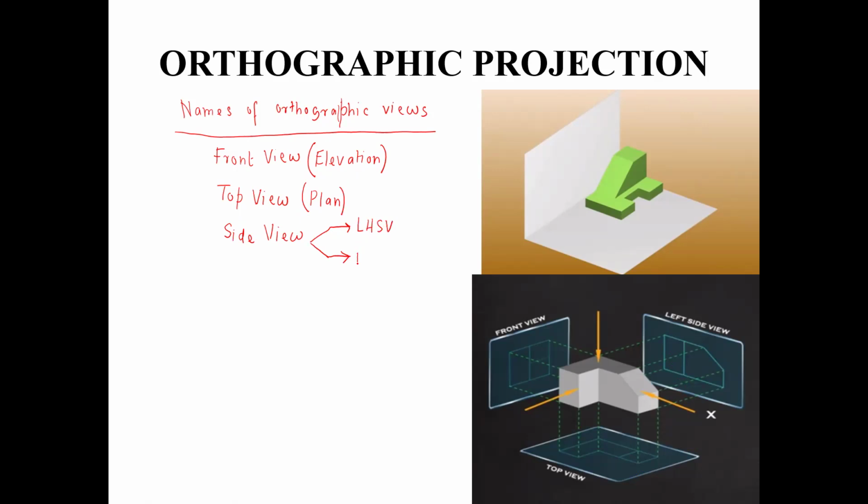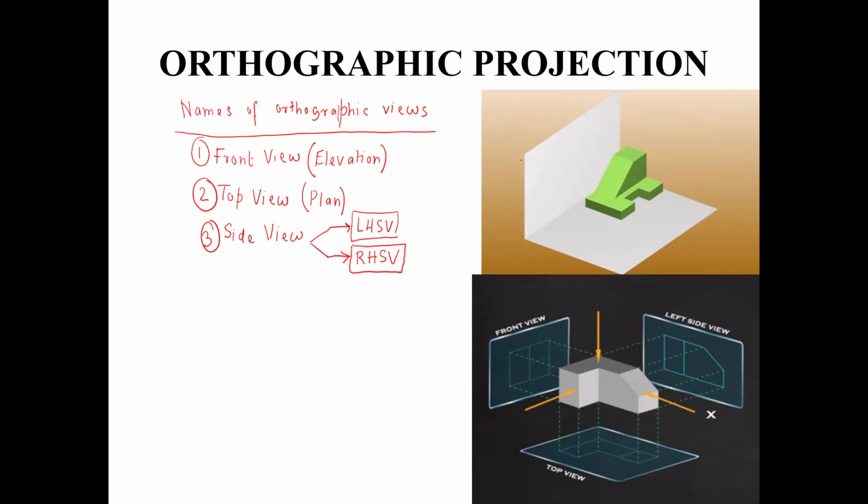Similarly, the same person can look at the same object from its right hand side and get another type of side view, which is called the right hand side view. So these are the different possible orthographic views that you can come across: front view, top view, side view. Then under side view, we can have two variants: left hand side view and right hand side view.